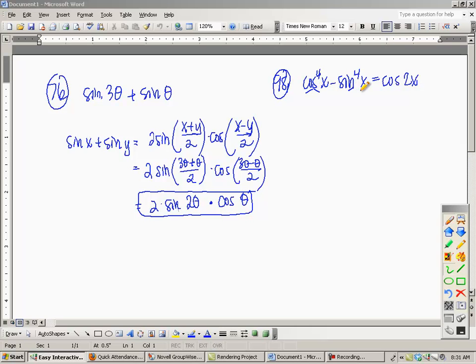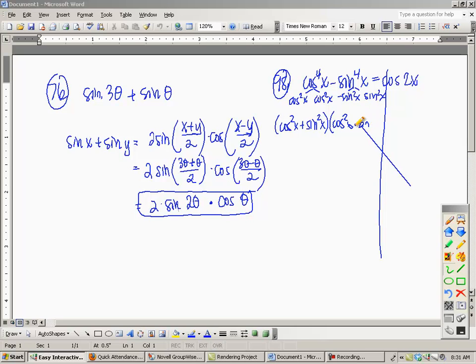This is a difference of squares. So this is cosine squared times cosine squared. This is a negative sine squared times a sine squared. And my goal is to get to the cosine of 2x. So I have cosine squared plus sine squared, and I have cosine squared minus sine squared.